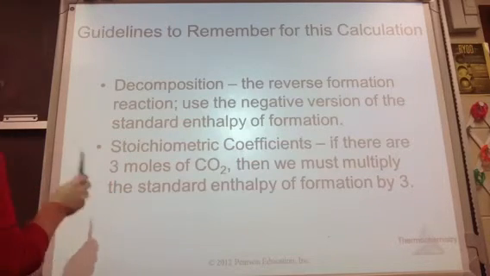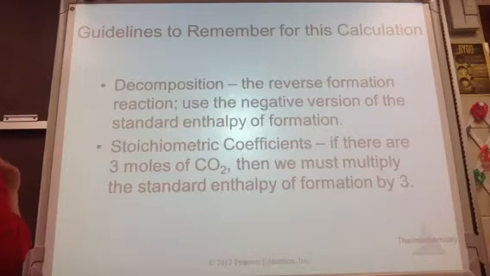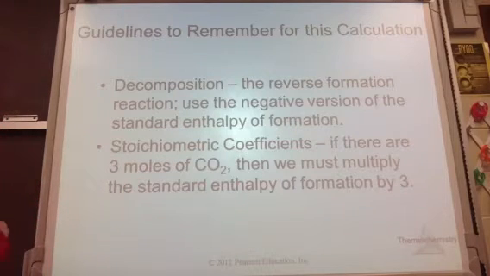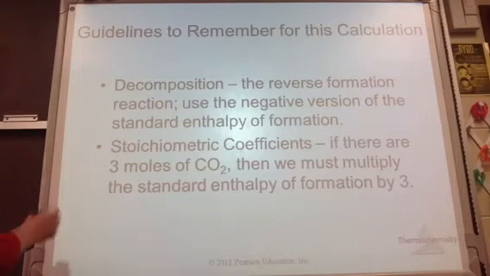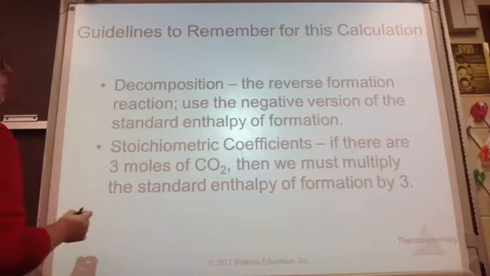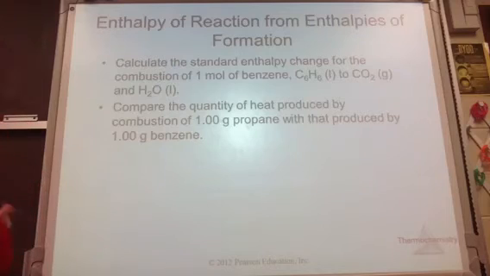Stoichiometric coefficients, make sure that you remember in your reaction, if there are 3 carbon dioxides, I need to multiply that delta H value by 3. If there's 4 moles of water, I need to make sure that I multiply my standard enthalpy of formation value by 4. So just make sure that you remember those stoichiometric coefficients.